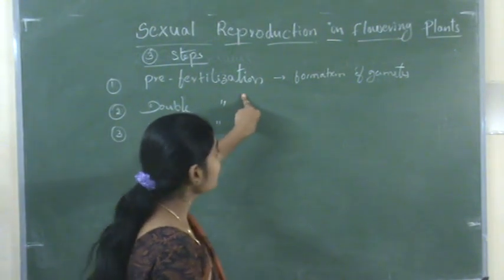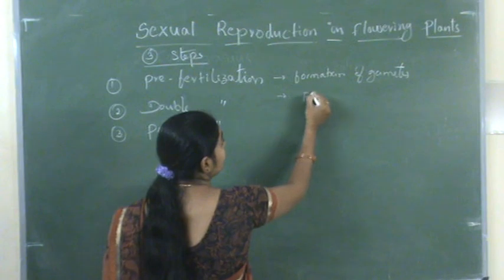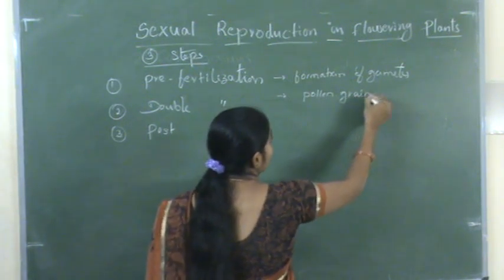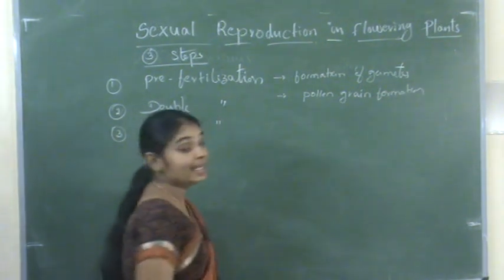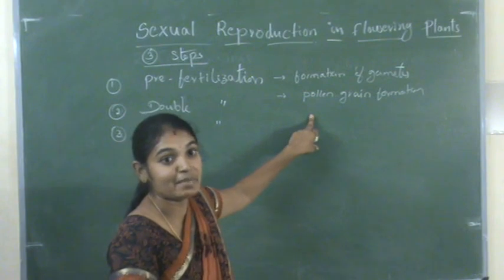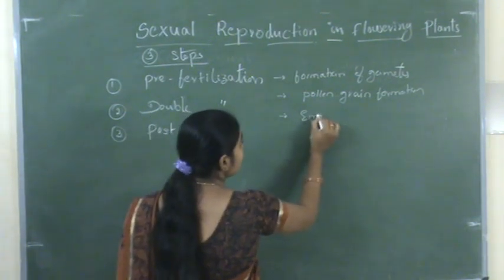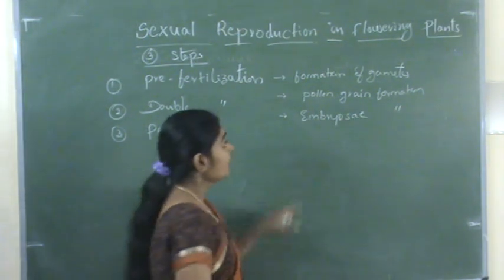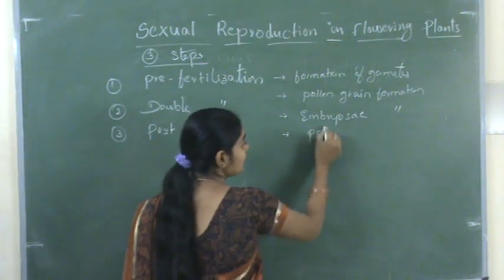Here in the pre-fertilization events, first we will study the pollen grain formation, pollen grains being the male gametes in the plants, and embryo sac formation, which is the female part, and pollination.